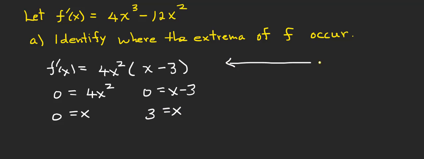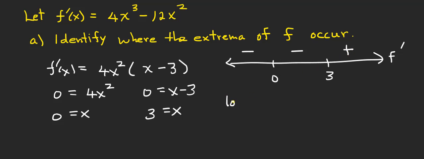So let's draw the f prime chart. 0 and 3. Now we have to find out the sign of f prime. Let's plug in a negative number. This will always be positive, so you end up getting negative. Let's plug in 1. You get negative also, and then plug in a positive number. You get a positive.